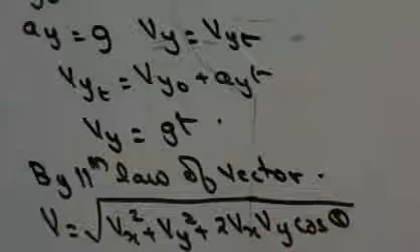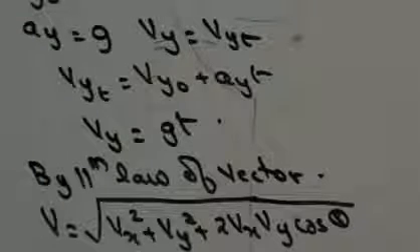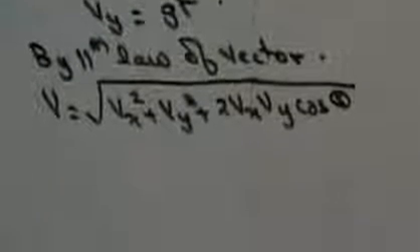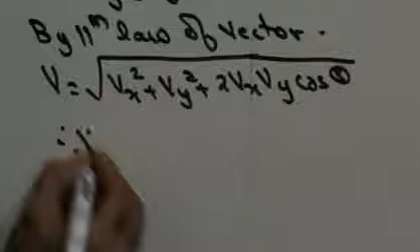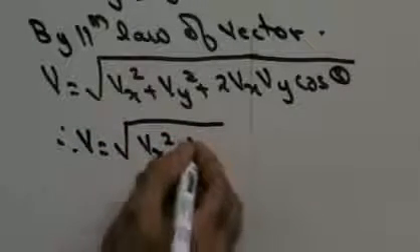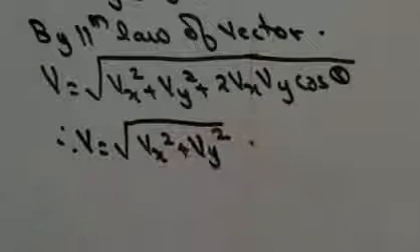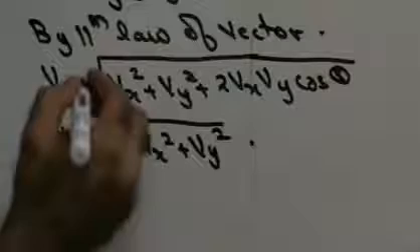That's my parallelogram law of vectors. What is the angle between Vx and Vy? Obviously, the angle between Vx and Vy is going to be 90 degrees, right? cos of 90 is 0, therefore velocity is the square root of Vx square plus Vy square, right? Vx we said is nothing but, we leave it as it is.